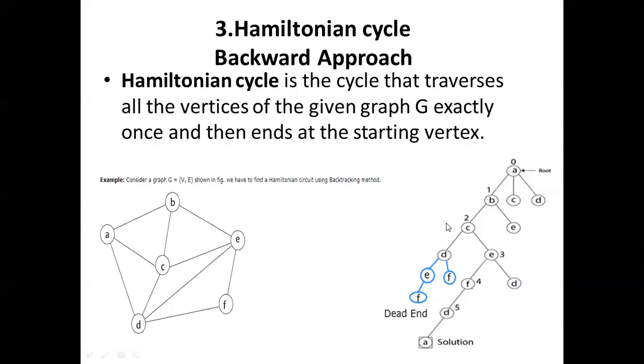Next, again based upon alphabetical order, the next vertex we can select as B. We say that 1. Why this number is there: from this number we can understand which order we are traversing. Next, for B, which are the neighboring vertices?